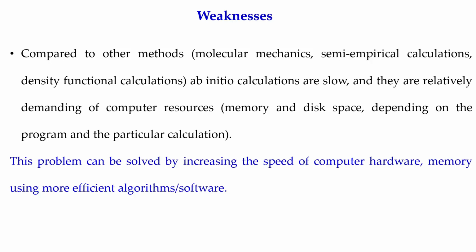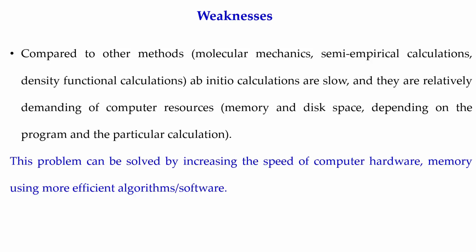And the main and important weakness of these ab initio calculations is that they are extremely demanding and slow. They are not feasible for systems of more than 100 atoms, or maybe even fewer than that.